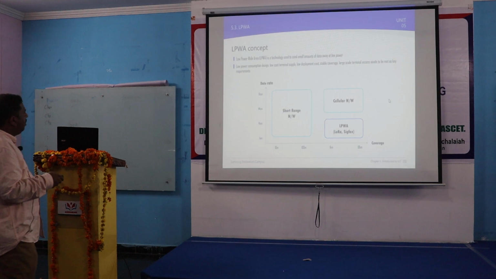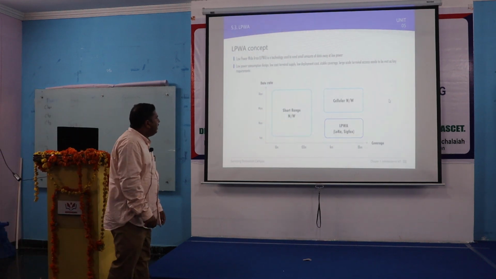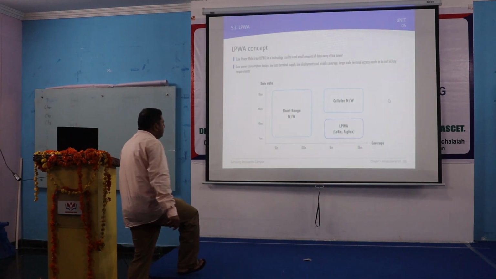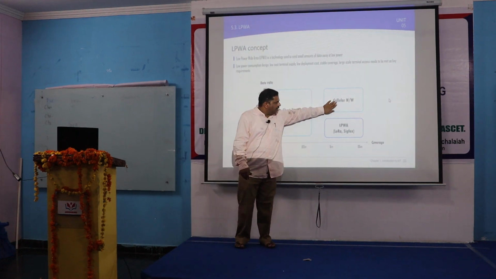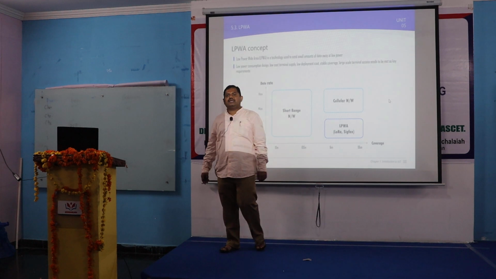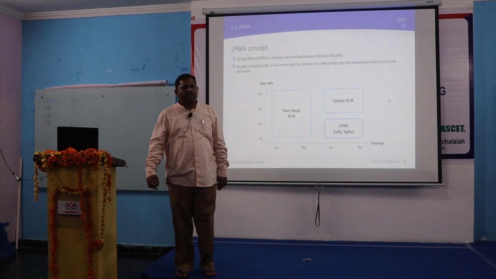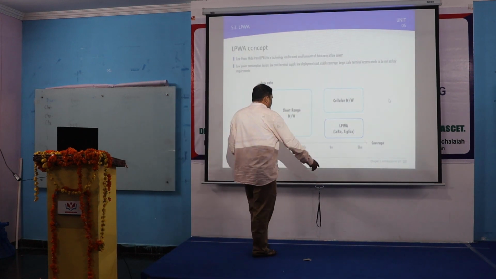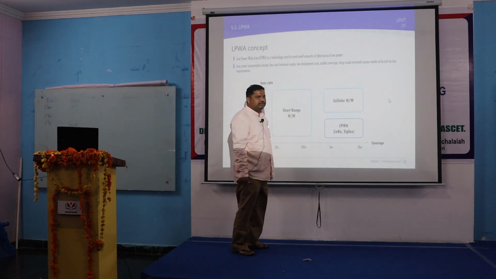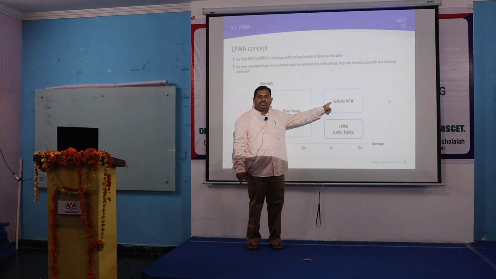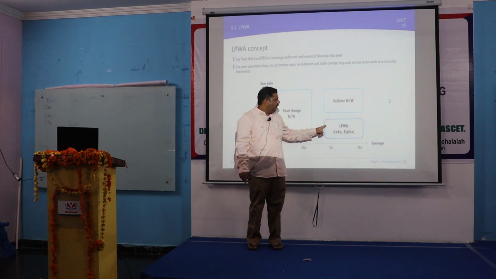Another technique is called low power wide area technology. Depending on the distance, short distance, cellular network, or the low power wireless access. If I would like to go from 1 kilometer to 10 kilometers, either I use a wireless cellular network, or I can use low power wireless access.